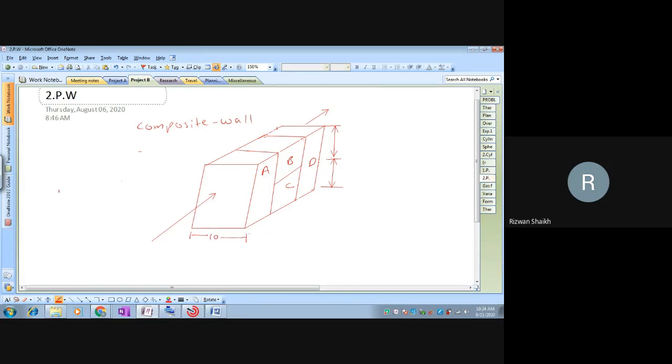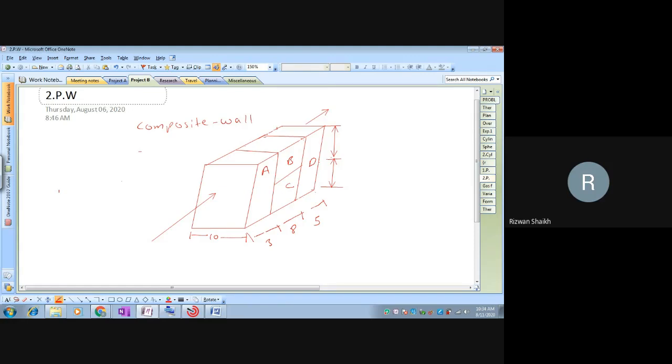The thickness of each layer is given to be 3 centimeter, 8 centimeter, and 5 centimeter.